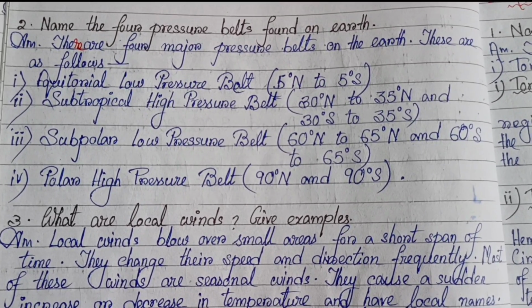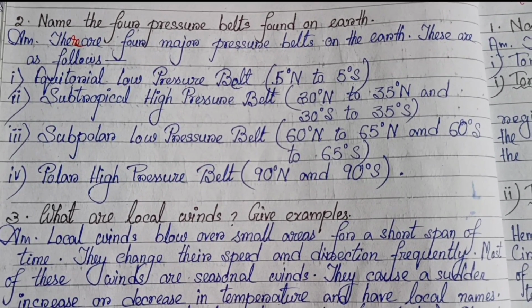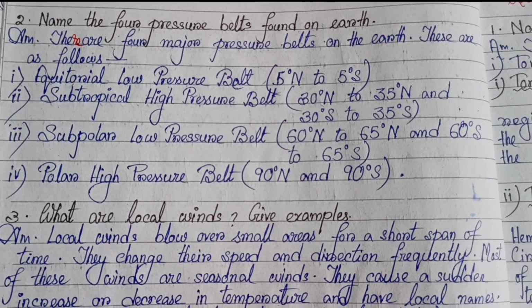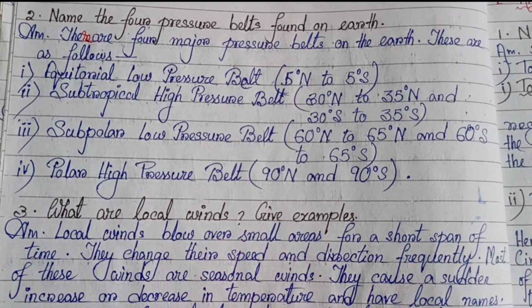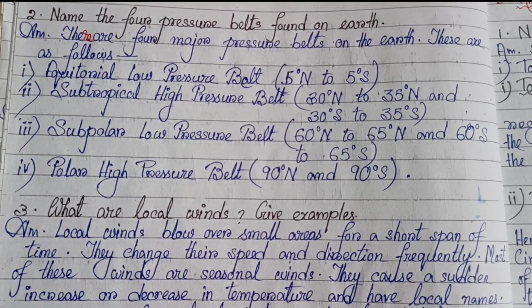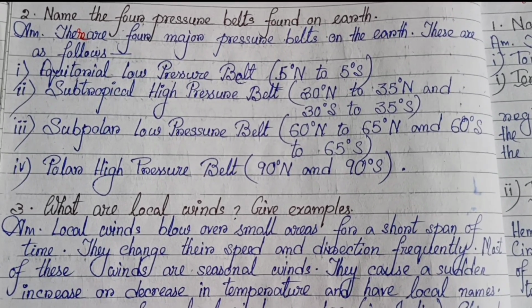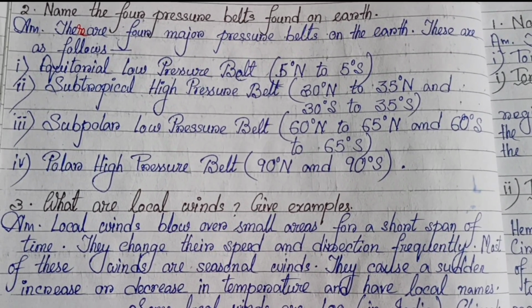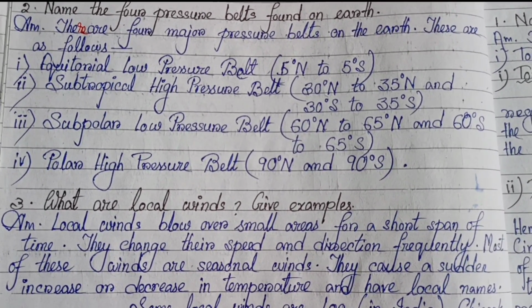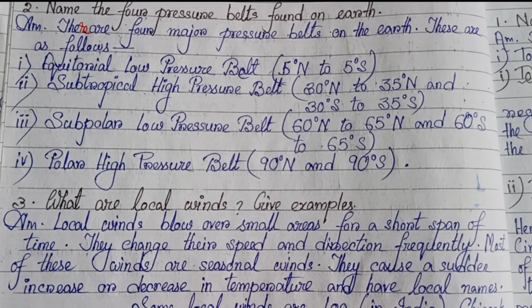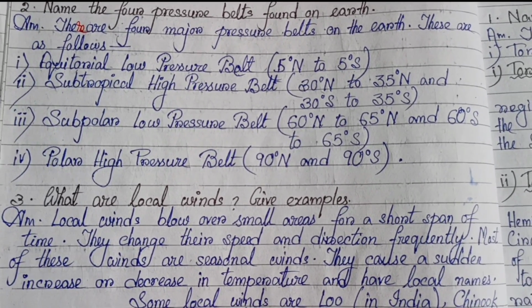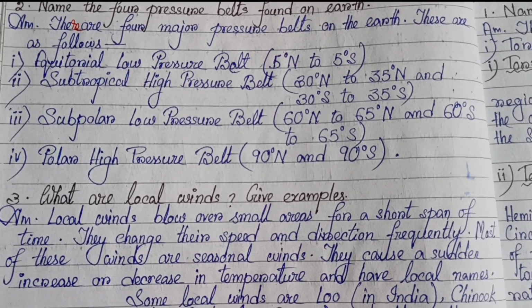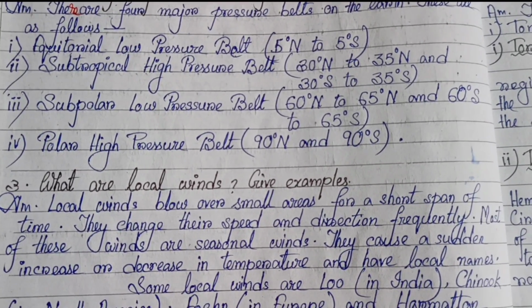Number 2, subtropical high pressure belt, 30 degree north to 35 degree north and 30 degree south to 35 degree south. Number 3, subpolar low pressure belt, 60 degree north to 65 degree north and 60 degree south to 65 degree south. Number 4, polar high pressure belts, 90 degree north and 90 degree south.